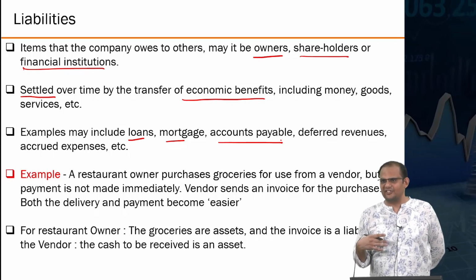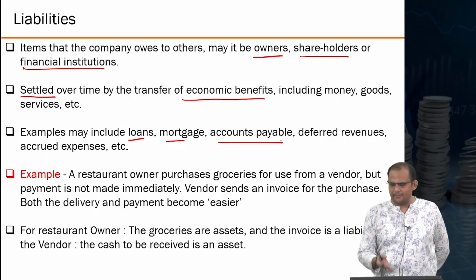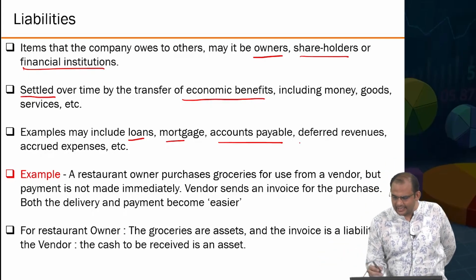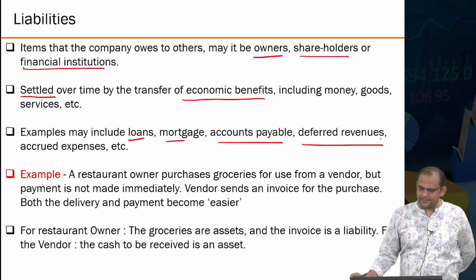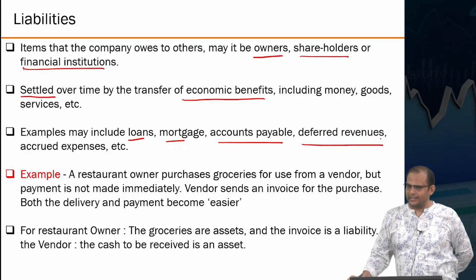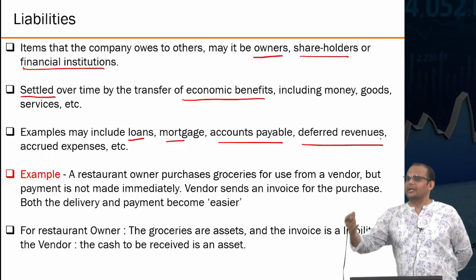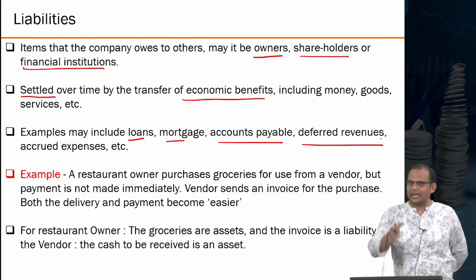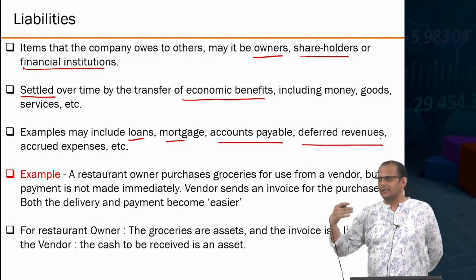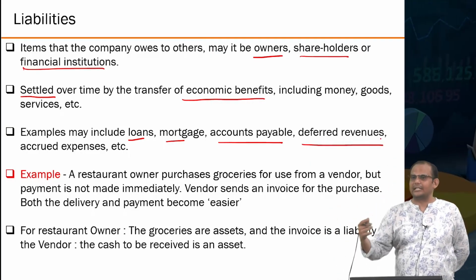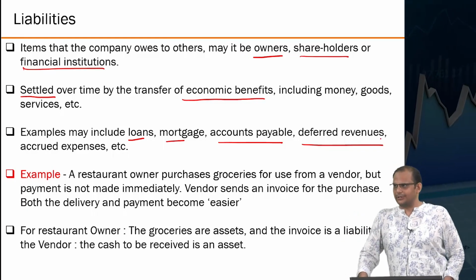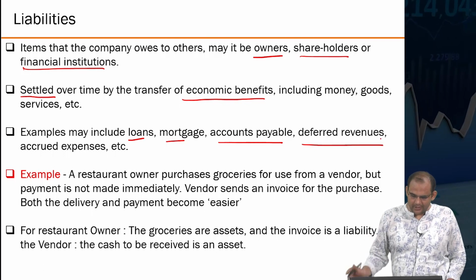Accounts receivable was what we have not received from the client, but accounts payable is something you need to pay to your vendors or suppliers. Deferred revenues can sometimes be liabilities. I talked about how the moment you recognize revenue is going to occur, you start recognizing it on your asset side. But sometimes there could be a recall of your sales and goods, so that part becomes deferred revenue, and that goes into the liability side also.